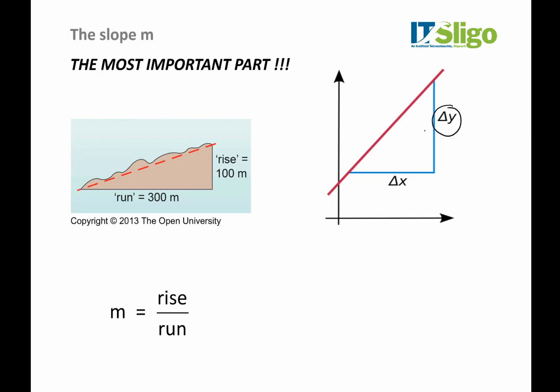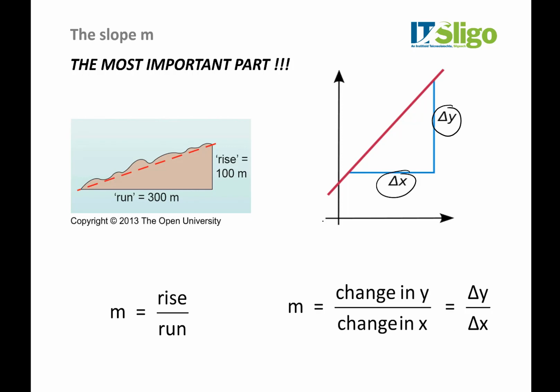Delta, Greek letter, means change. The change in y: how much has the vertical value changed and how much has the horizontal part changed? Delta y over delta x is another way of saying the slope. So delta, guys, you get used to delta. Delta just means the change in a variable. Delta T, the change in temperature.